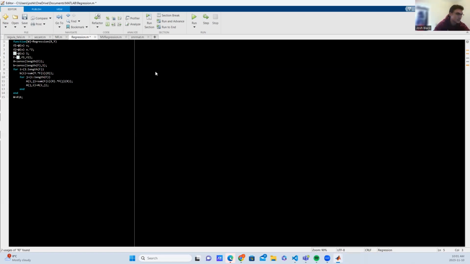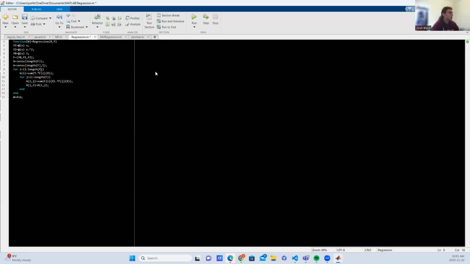I can't use the squares. That's very important. So curly brackets, array of all my functions. I then initialize my A matrix being the zeros, length F. So that'll make a square matrix, in this case 3 by 3, because we have 3 functions and 3 weights. B is going to be the length of F by 1, because it's a vector.